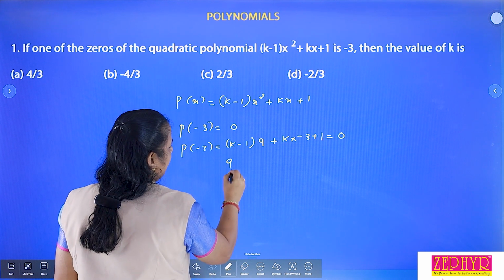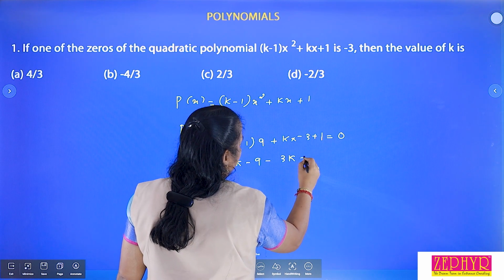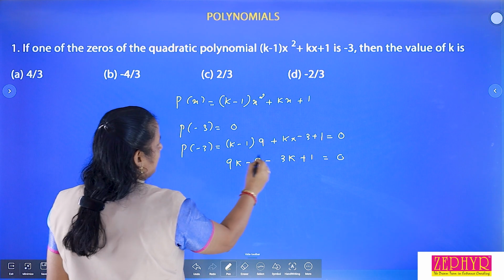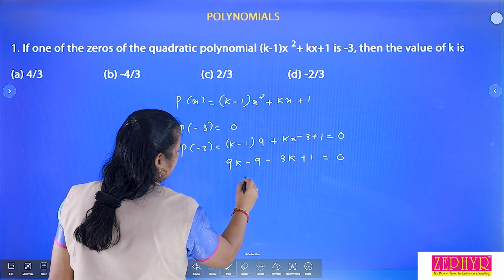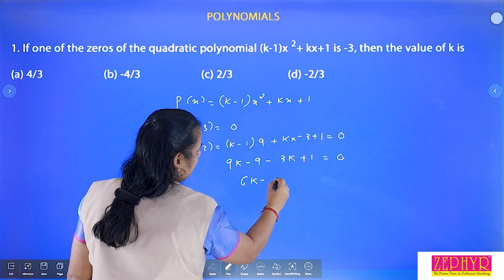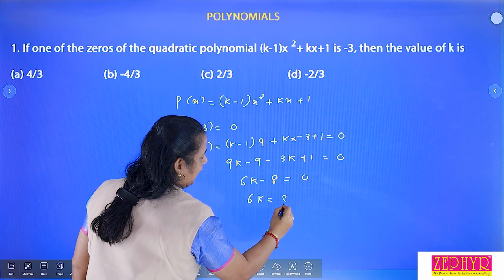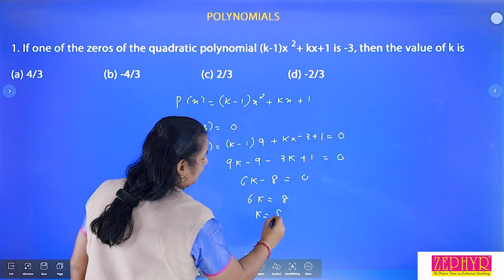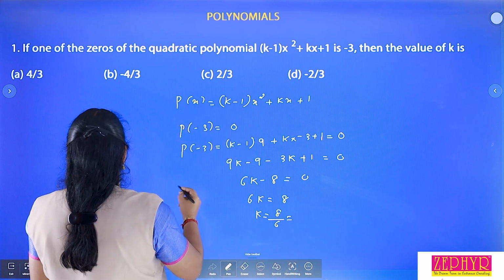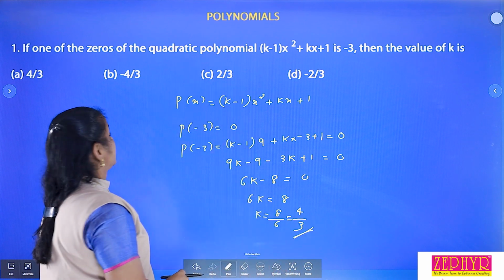Simplify it: 9k minus 9 minus 3k plus 1 is equal to 0. 9k minus 3k is 6k, minus 9 plus 1 is minus 8, equal to 0. 6k is equal to 8 and k is equal to 8 by 6. Cancelling the common factor, we get 4 by 3, which is the right answer.